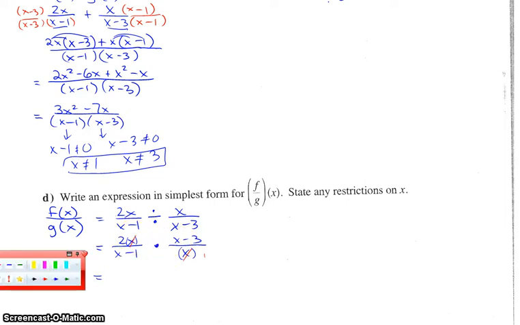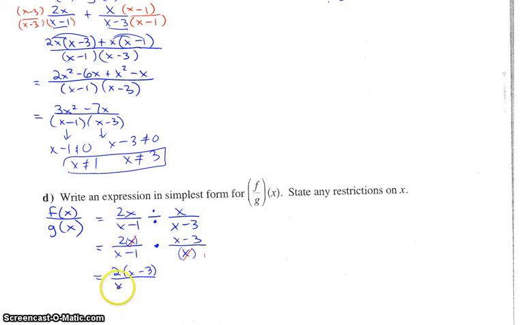So now we can do our multiplying. Multiplying fractions, you multiply the numerators, so that would be 2 times x minus 3. We'll keep that in brackets. On the bottom, we've got x minus 1 times 1. Times 1, I don't need to write that. It will stay the same. Finally, we can multiply out the numerator: 2x minus 6, over x minus 1.